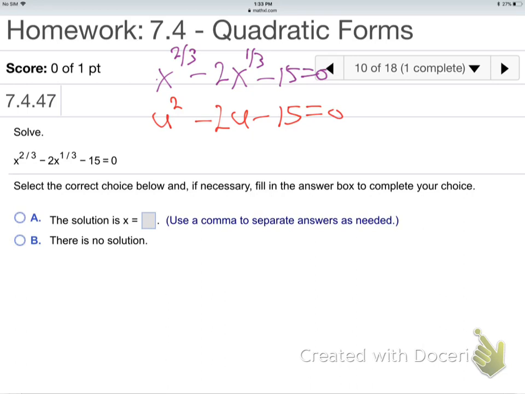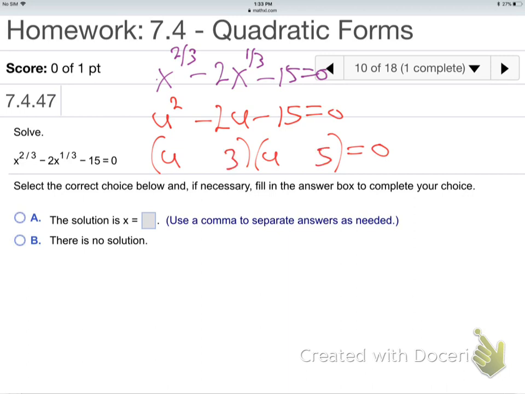See how it's the same every time? U in the middle, U squared in the front. Every time. All right, solve for U, then go back to X. So 3 times 5 is 15.